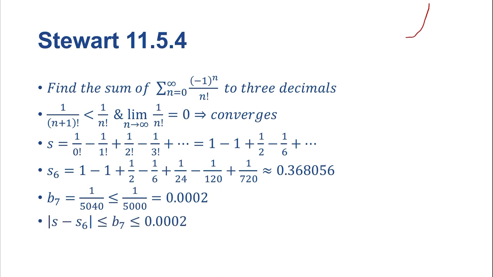So then we can write at the bottom that s minus the 6th partial sum is less than b sub 7, which is less than or equal to 0.0002. If I take this result here, then we are going to have no impact from this error on our third decimal place. So that's an acceptable error for 3 decimal places.